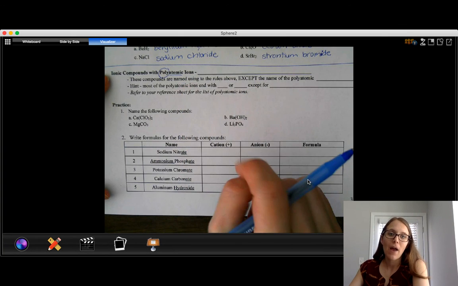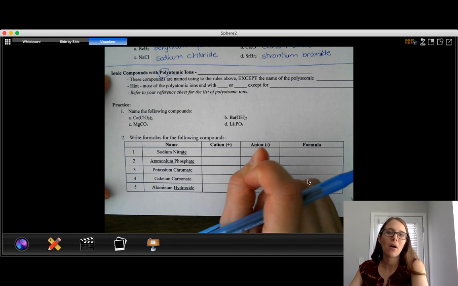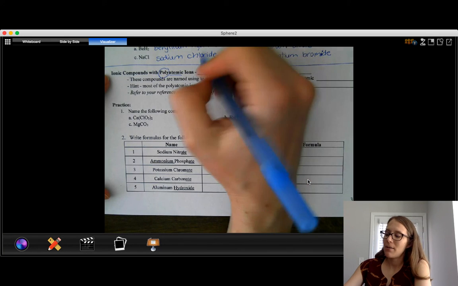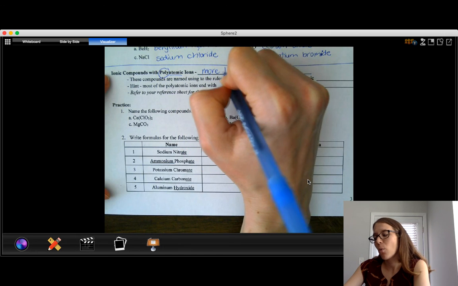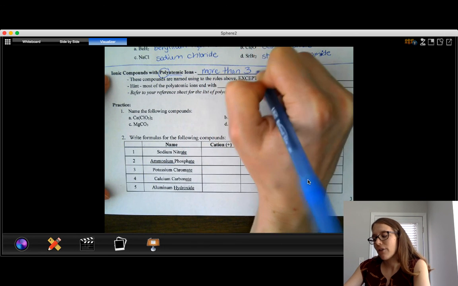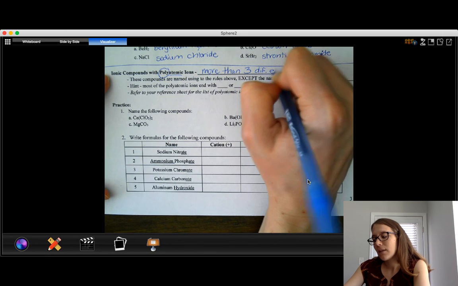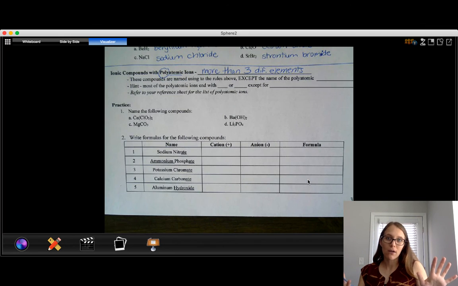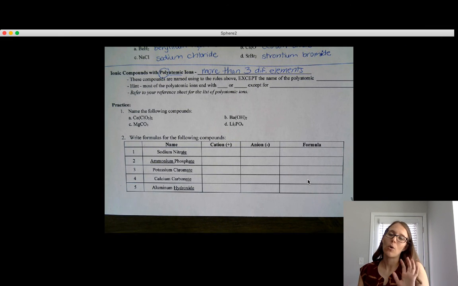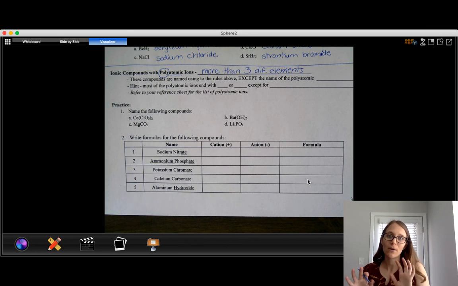If I have an ionic compound that contains a polyatomic ion, that means the compound has more than 3 different elements in it. But we still can only look at 2 chunks when we're talking about the name, or when we're talking about perfect match or crisscross. I can only have 2 pieces. So you have to recognize, if there's 3 different elements, which chunks stay together as the polyatomic ion?